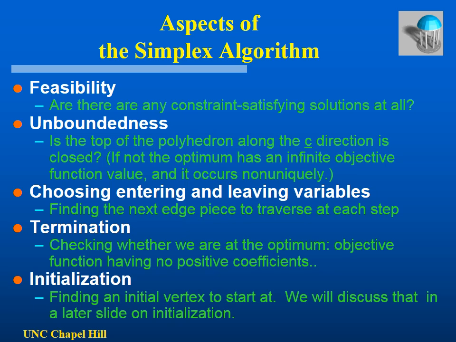We've also seen how we can check the objective function that we have to decide whether we've reached the optimum and can terminate the algorithm. However, there's one additional problem that we haven't dealt with, namely how we initialize the algorithm. How do we find an initial vertex to start at? This will be discussed in a couple of slides on initialization.